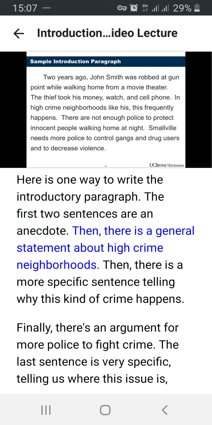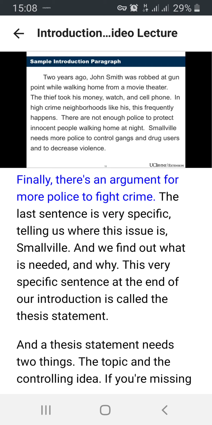Then there is a general statement about high crime neighborhoods. Then there is a more specific sentence telling why this kind of crime happens. Finally, there's an argument for more police to fight crime.